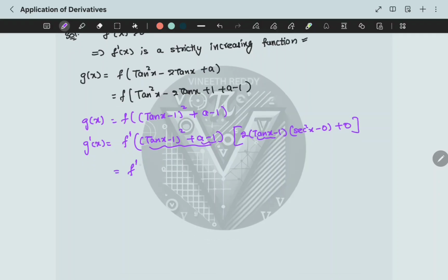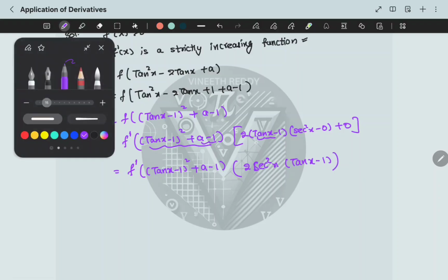So ultimately we have f dash of tan x minus 1 whole square plus a minus 1, times 2 times secant square x into tan x minus 1. I hope you are with me till here.